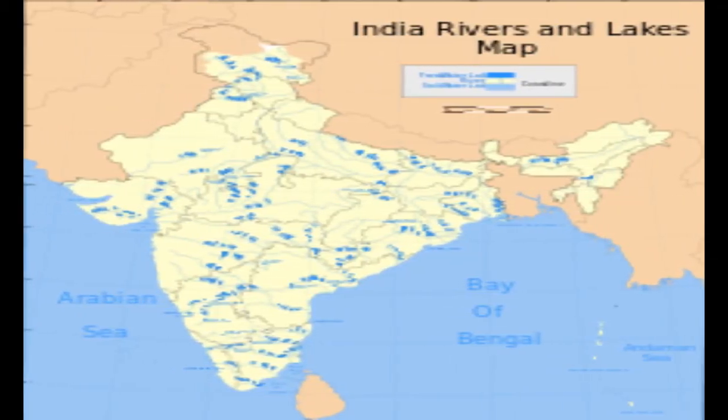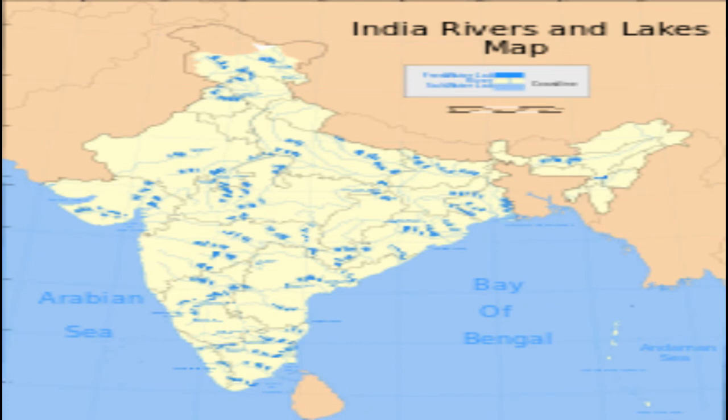Next we move to rivers. Look at the map again carefully. West flowing rivers: Narmada, Tapi, Mahi, Sabarmati. Next, look at the east flowing rivers: Godavari, Krishna, Kaveri. These are a few important rivers we counted here. Which ones are big? East flowing rivers are big and west flowing rivers are small.